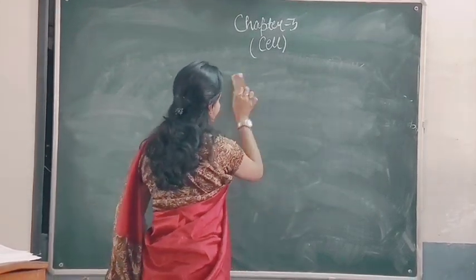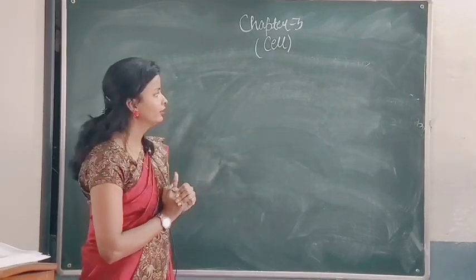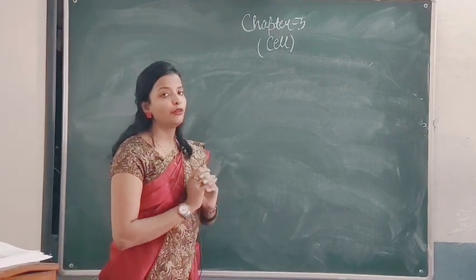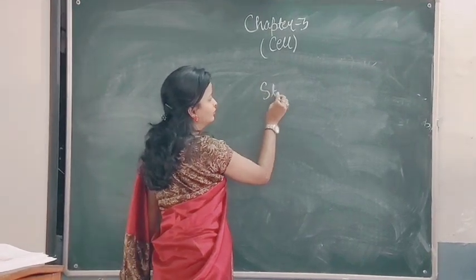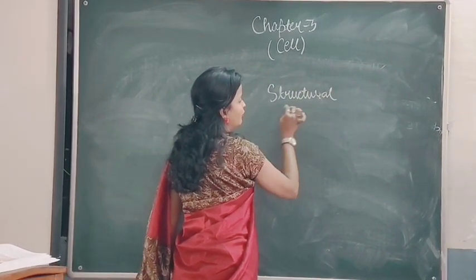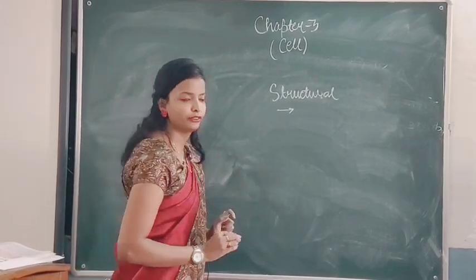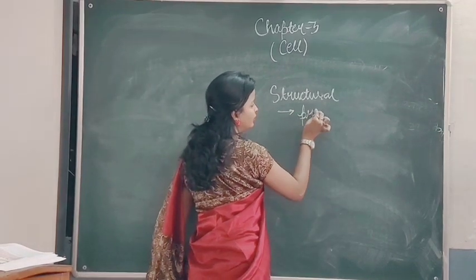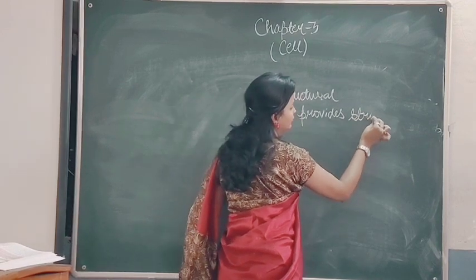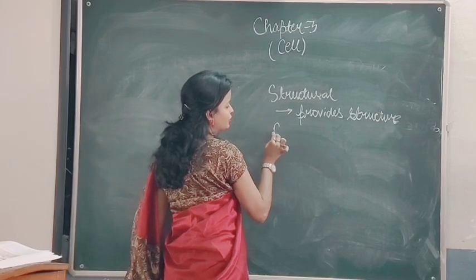Then I am only telling about the names of the types, otherwise later on we will discuss. So as I am saying, the cell is the basic structural and functional unit of life. Now why am I saying structural? Because it provides the structure to any living organism. And why functional?